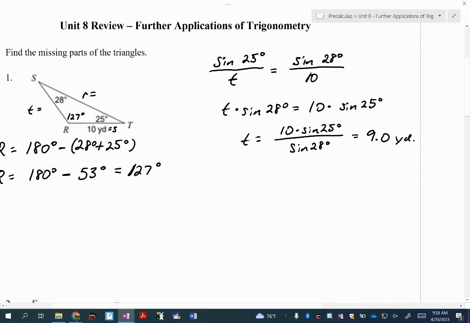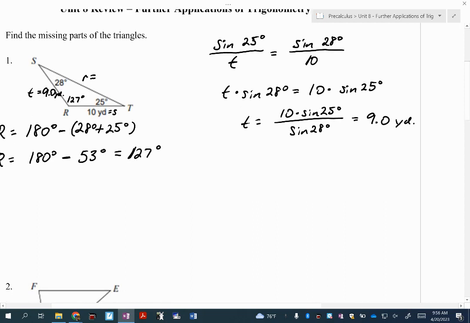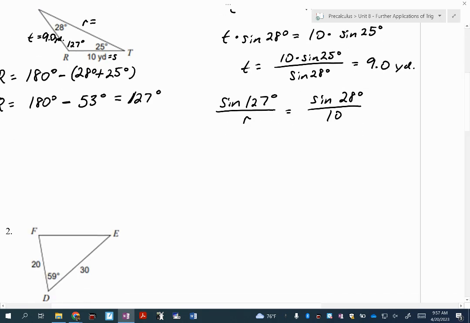All right, we just found T, which is 9.0 yards. Let's do the same thing to try to find R. So I've got the sine of R, which is 127, over R, equals the sine of 28 degrees over 10. I'm just going to use the same pair that I used on the previous one. You'll see when I do number 2, it's a little harder to avoid, but if I can avoid using anything that's rounded, I'm going to avoid using any rounded values.